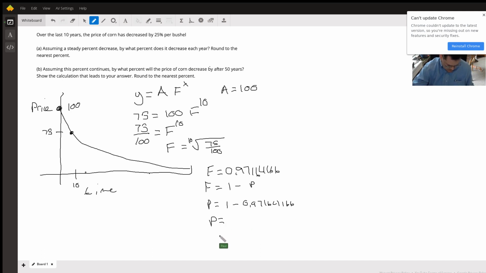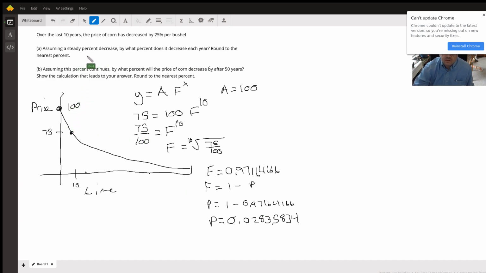So that is going to be 0.02835834. So it says a steady percent. By what percent does it decrease each year? Round to the nearest percent.